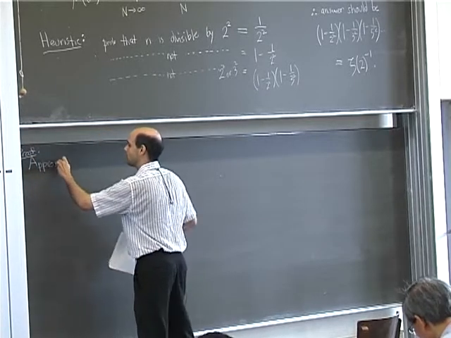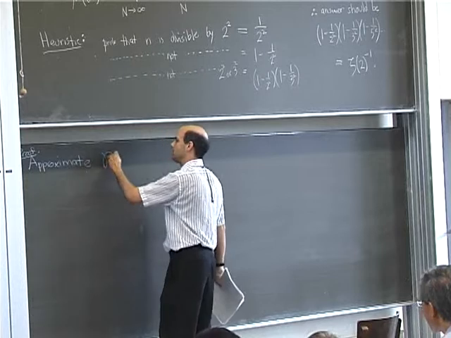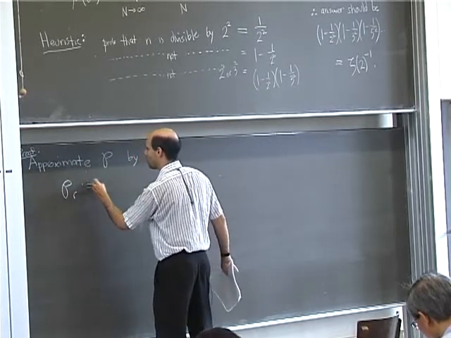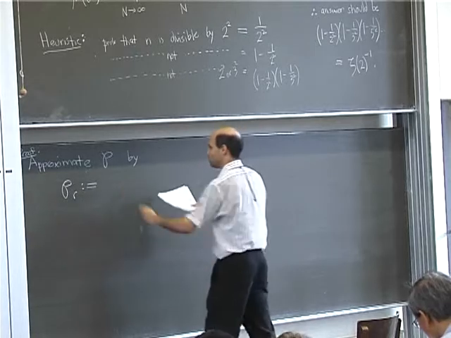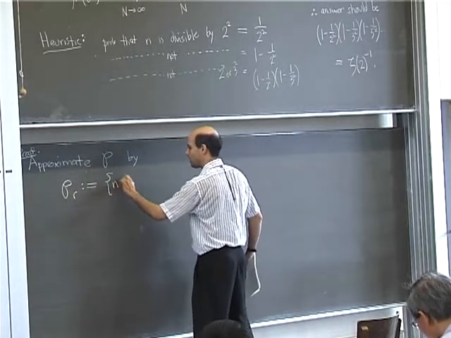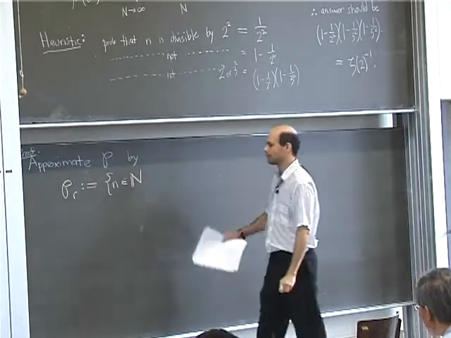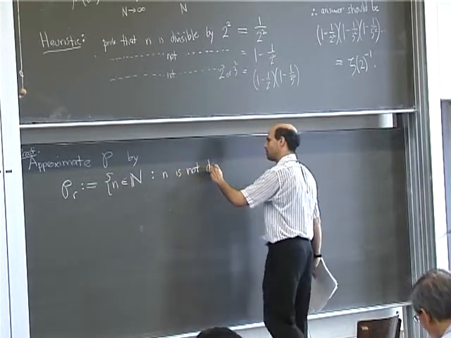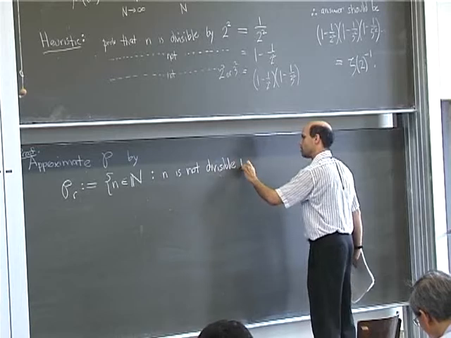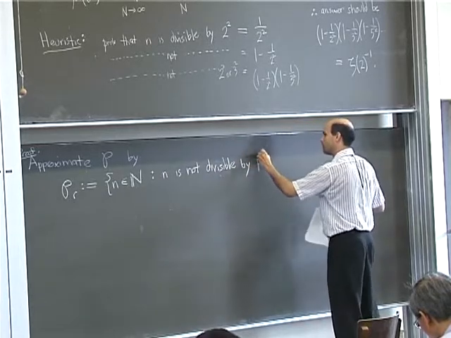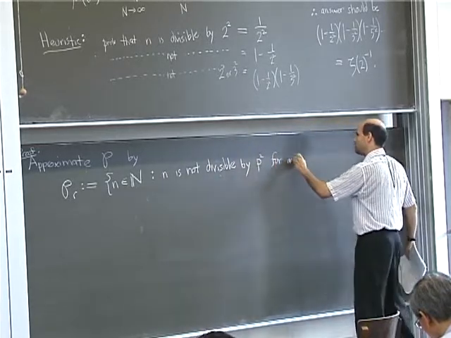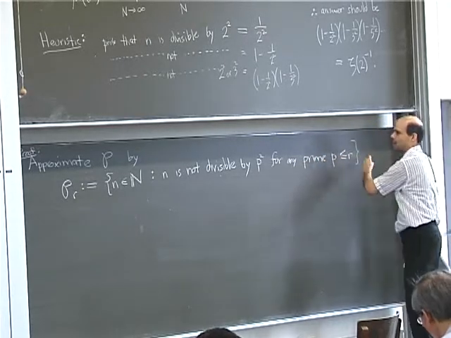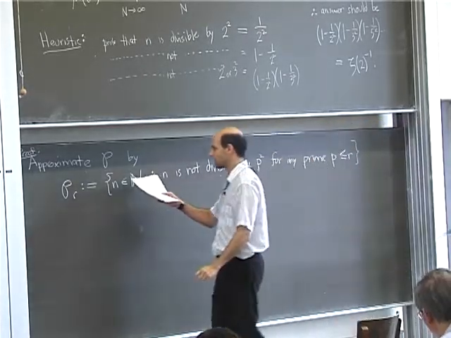So approximate P by a set P_R that does not have all the infinitely many conditions, but just conditions for primes up to R. Namely, these will be the almost square-free integers, the ones where n is not divisible by p squared for any prime p less than or equal to R. And so that's going to be a little bit too big.